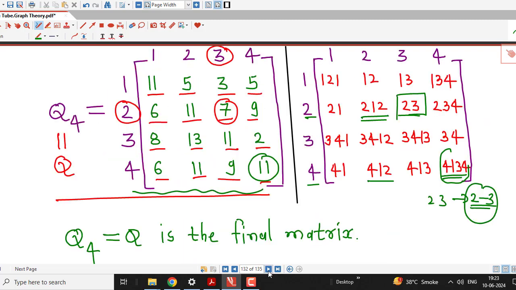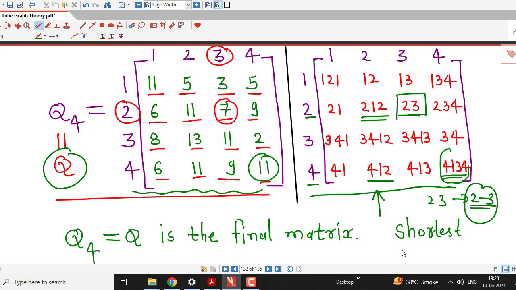So whatever matrix I have obtained, this Q4, I will denote by capital Q, and entries of Q are nothing but lengths of the shortest paths between the vertices of the given graph, and entries of this matrix are shortest paths between vertices.